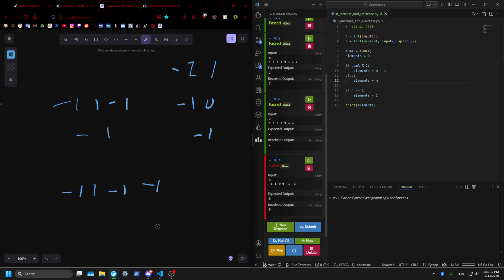N minus 1. This negative case is making it pretty complicated.